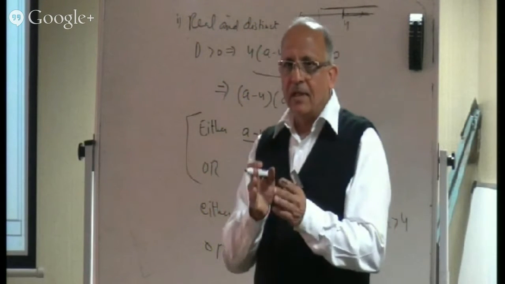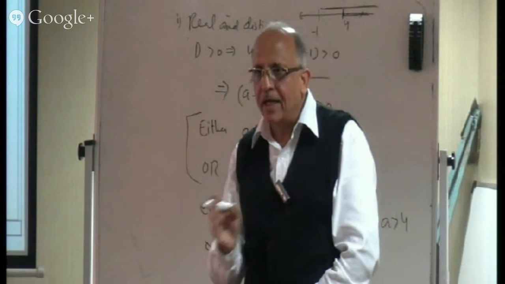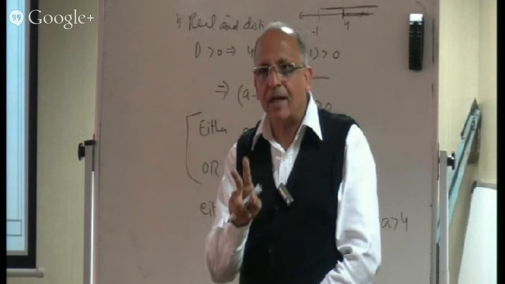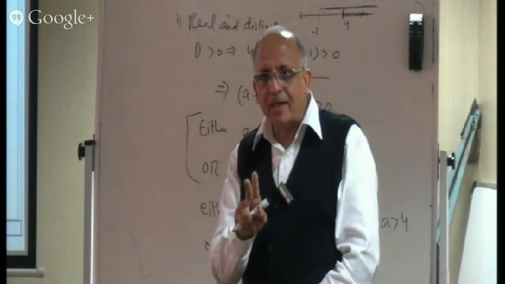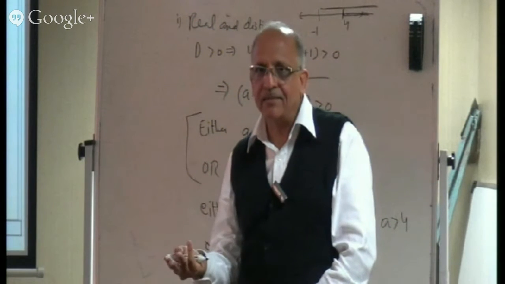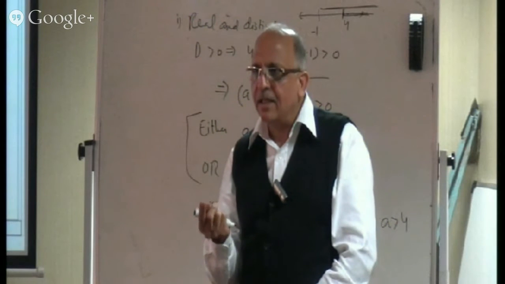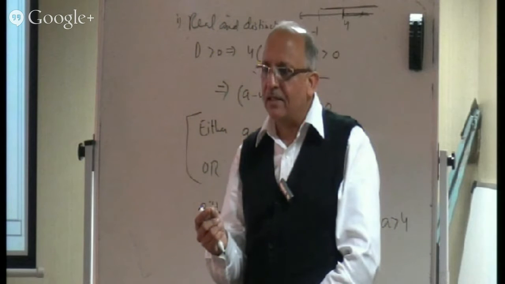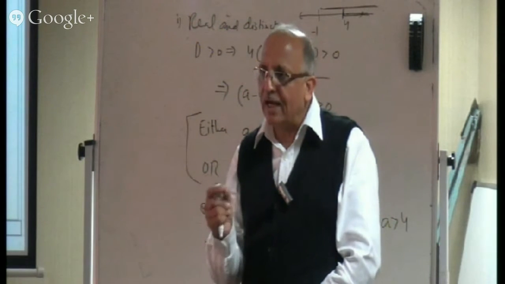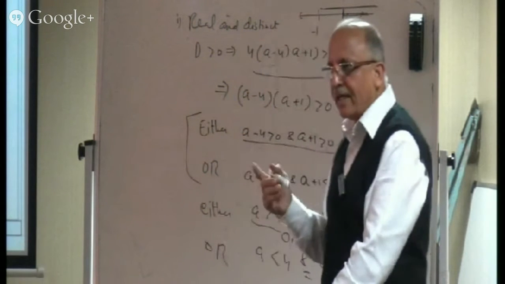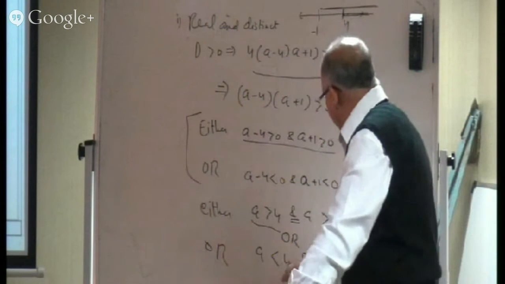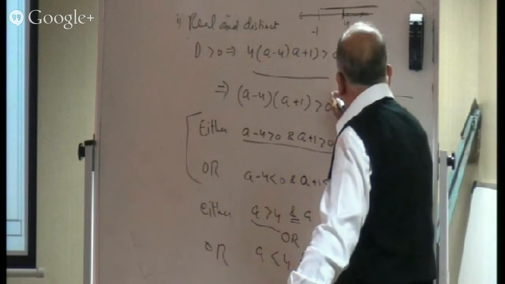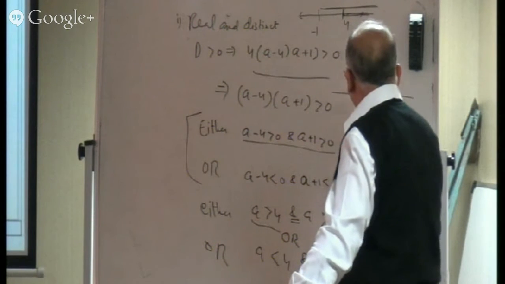If a is greater than m and a is greater than n, you have to choose which one of the two is bigger, m or n. If m is bigger, the result will hold for a greater than m. Whereas in the case of a less than inequality, if a is less than m and a is also less than n and n is smaller, then we should write a less than n. Because what is happening here? A has to be less than 4. It has to be on this side.